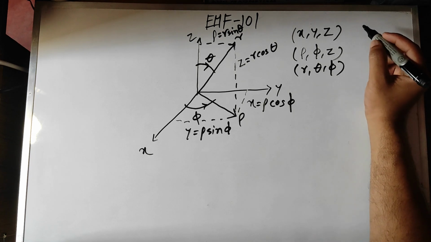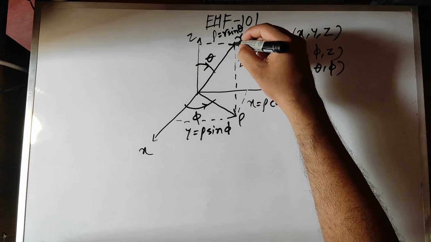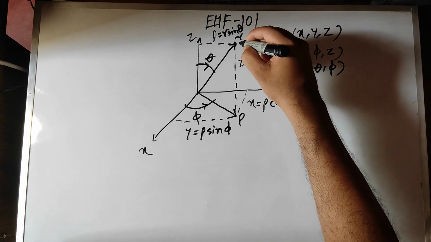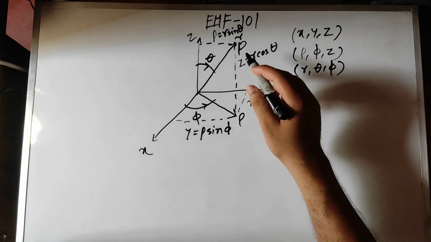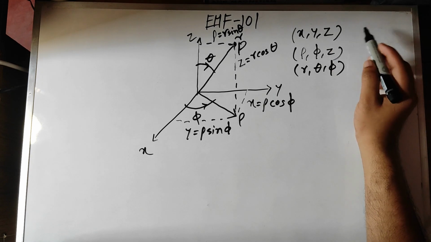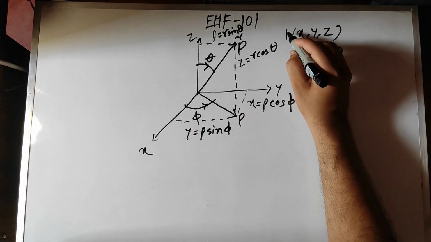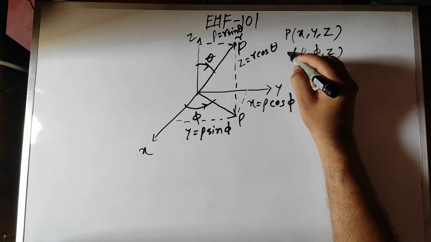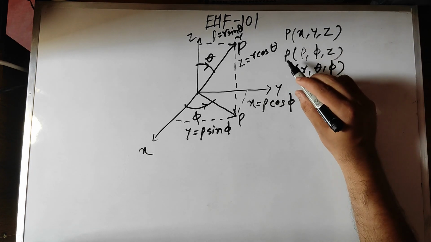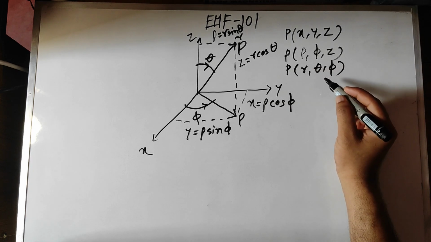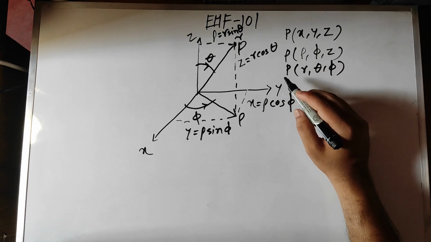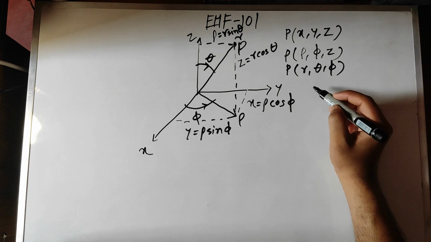Now say this point is P. P in Cartesian coordinates is x, y, z. In cylindrical coordinates, P is rho, phi, z, and in spherical coordinates the same point P is r, theta, and phi.